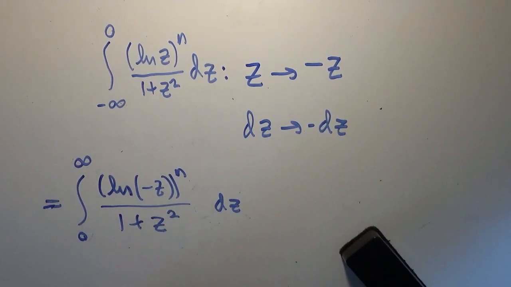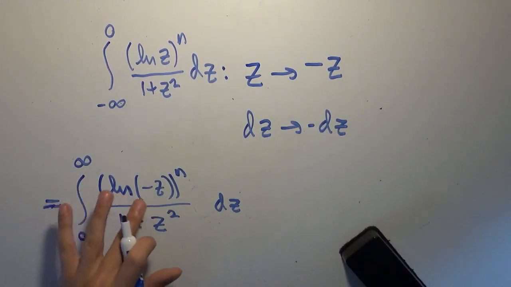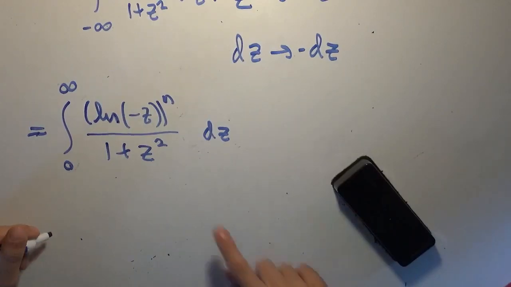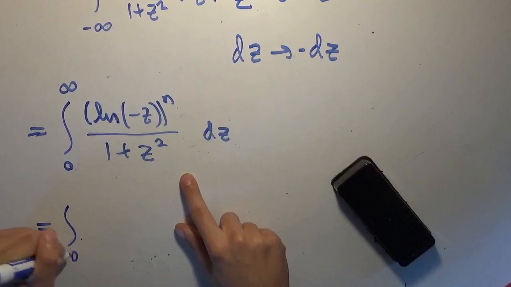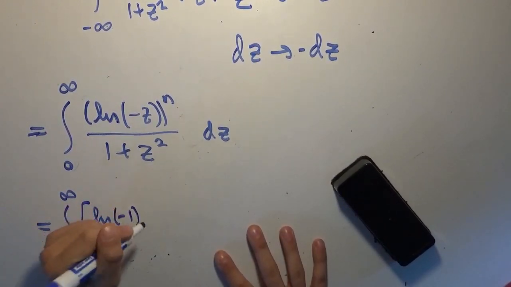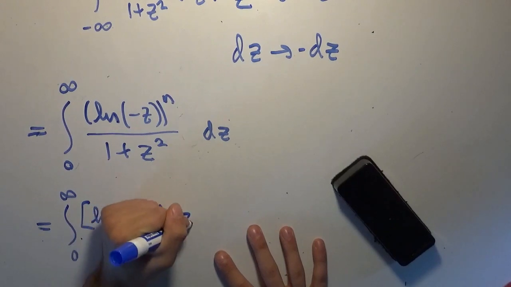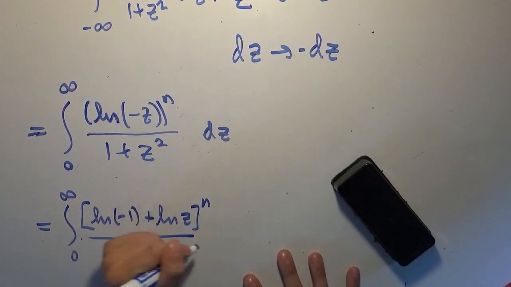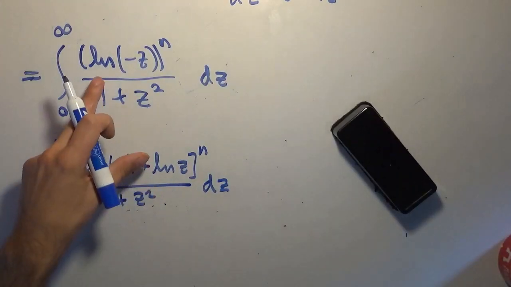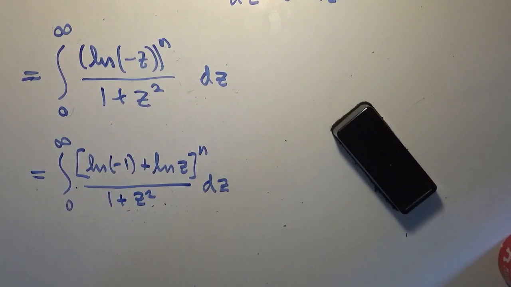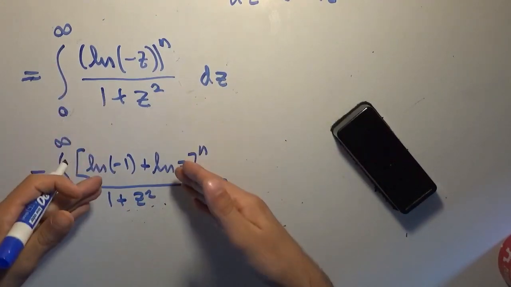Now we need to use the logarithm rule for products and split this up. So this is equal to the integral from 0 to infinity of the natural logarithm of negative 1 plus the natural logarithm of z, all to the power of n, divided by 1 plus z squared dz. That's because this is the natural logarithm of negative 1 times z, and the product rule for logarithms is that the logarithm of the product is equal to the sum of the logarithms.